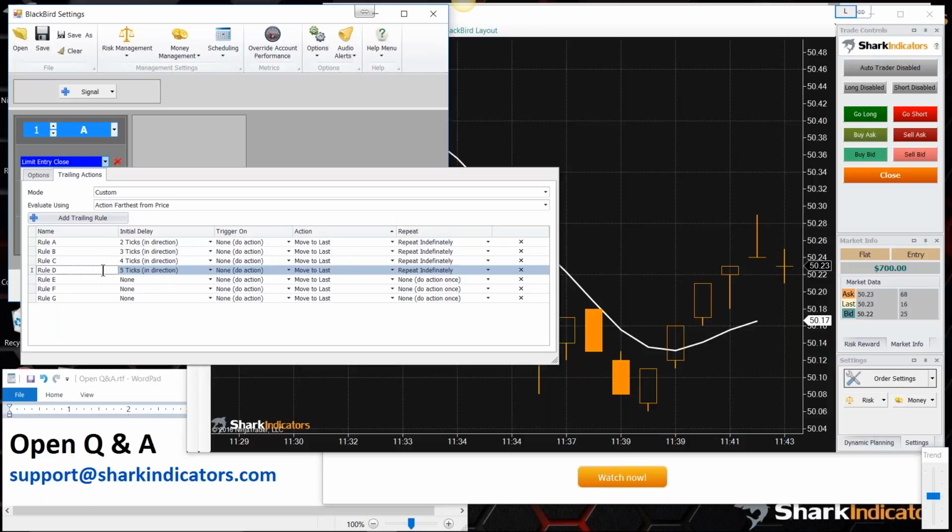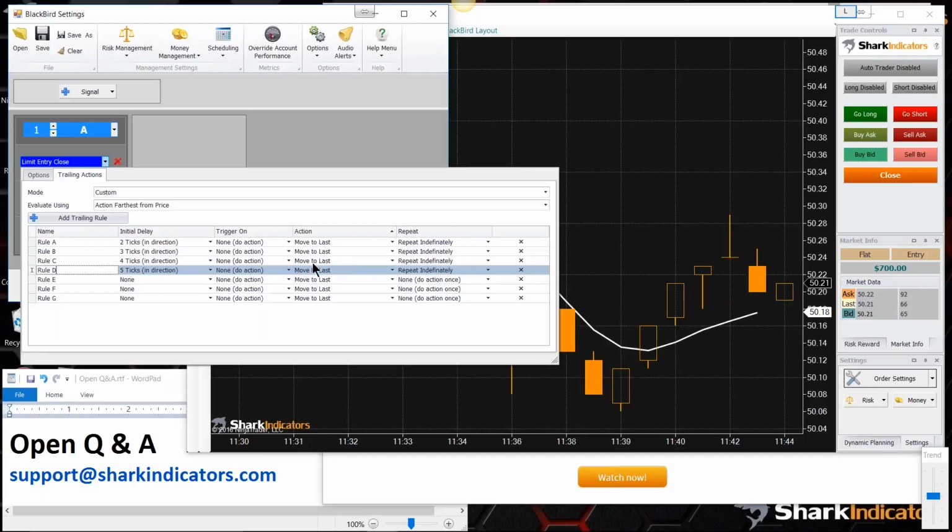So as soon as we get 5 ticks in profit, all four of these rules have had their conditions met, so they're all trying to execute at the same time. They're all trying to move my entry order around, and they might have different actions.